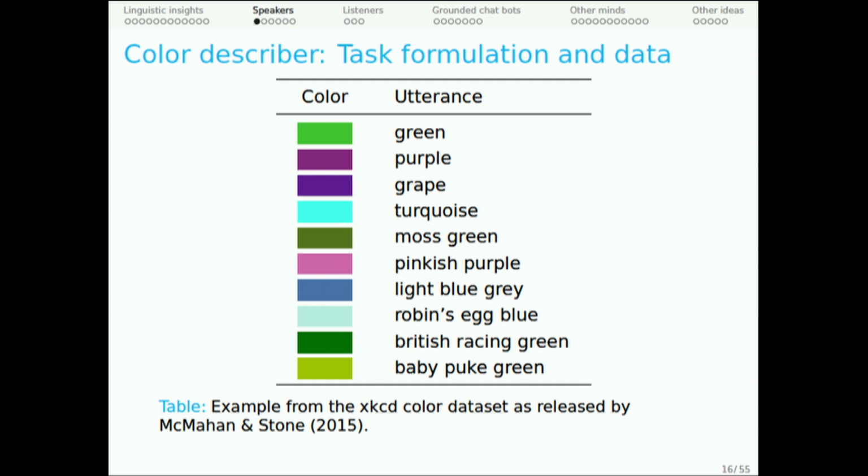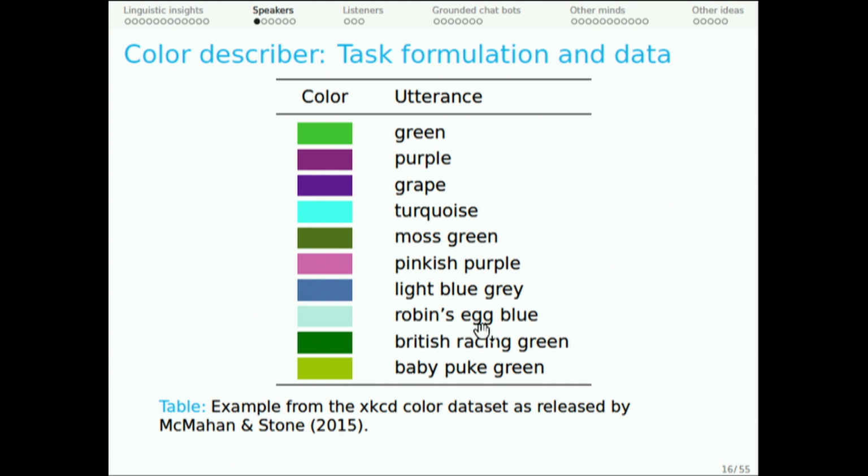As a starting point, Randall Munroe, the guy behind XKCD, years ago did a color survey where he just asked people to describe colors. It's a massive dataset with millions of instances of people describing color patches. Here are some examples, and they go from very simple things like green and purple up top, grape, which is a little more poetical, turquoise, rarer. Then they get more descriptive: moss green, light blue, gray.